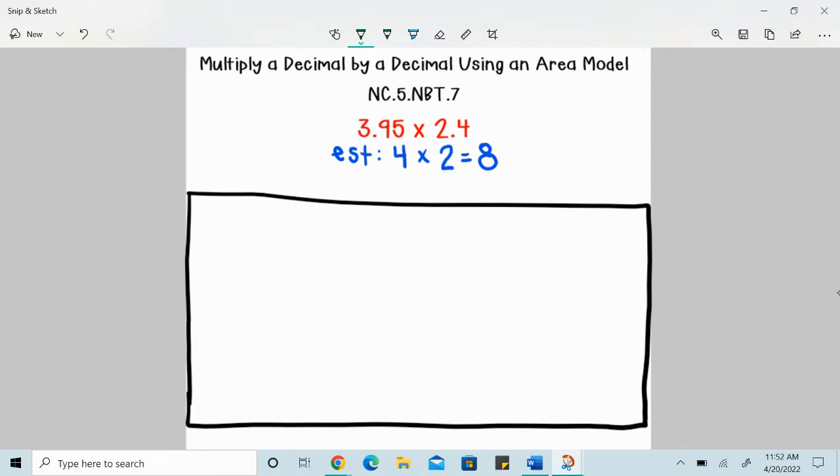If we just decompose this into 3 wholes and 95 hundredths, that would still make the multiplication pretty tricky. But decomposing it into its tenths and hundredths separately will allow us to use our friendly facts and number sense more fluently. So I'm going to decompose this into 3 plus 9 tenths plus 5 hundredths.